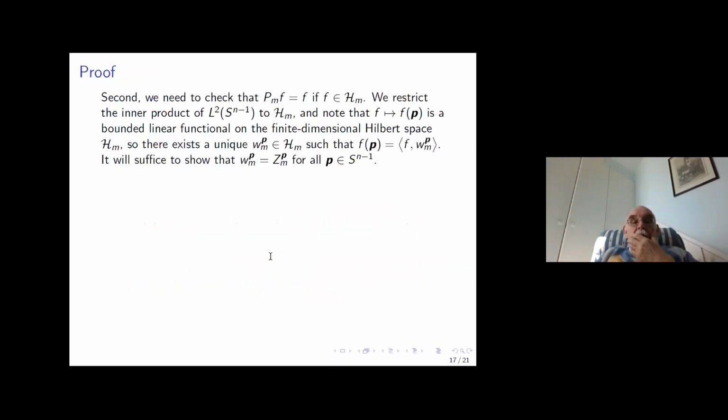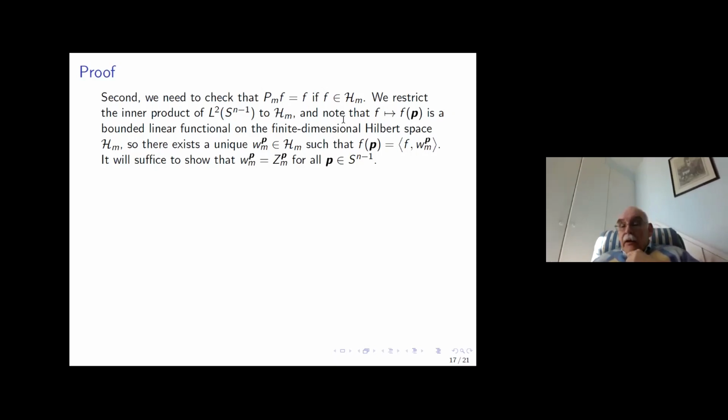The other thing is that I have to check that it's really a projection. I have to check that P_m f is equal to f. And for this, I use a nice idea. We restrict the inner product, the L2 inner product, just the integration over the sphere, just to the space of harmonic functions on the sphere.